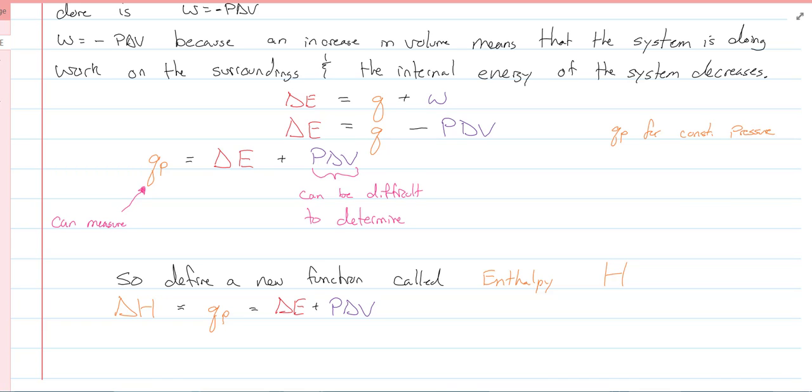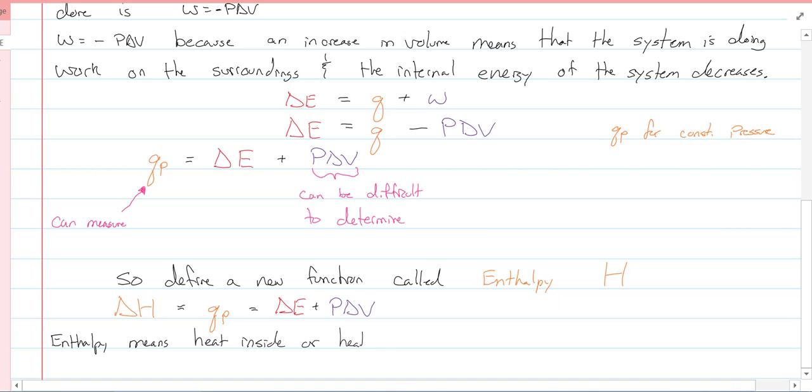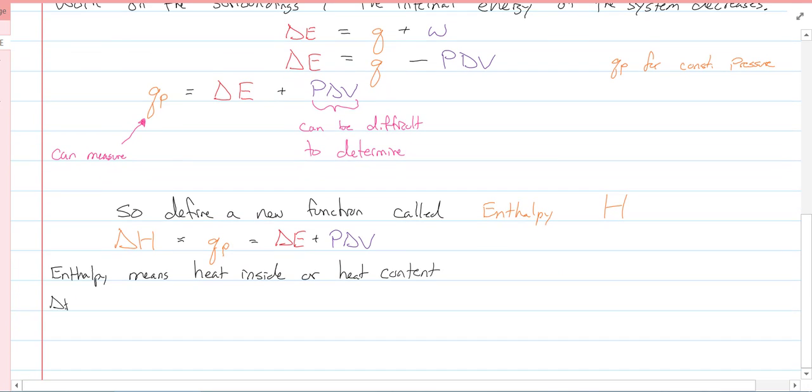So enthalpy means heat inside or heat content. Delta H, change in enthalpy, is the heat gained or lost by a system at constant pressure. So we incorporate work done.